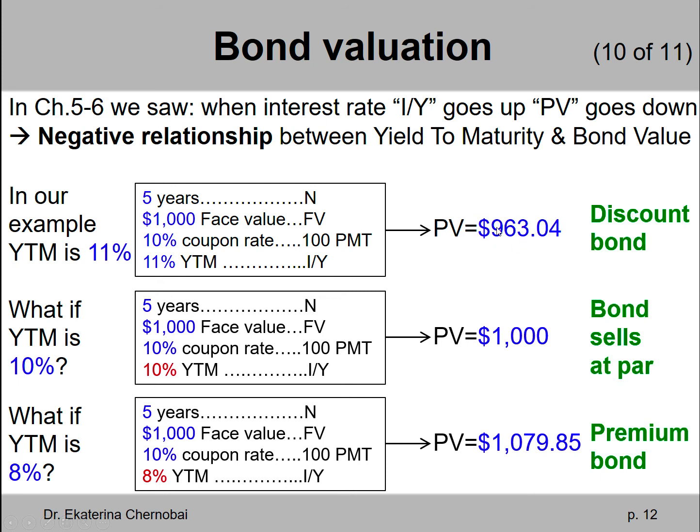So you're lending $963, but you're getting back $1,000 in face value, together with all the interest until then. If instead the bond present value is above $1,000, like in the last case with the 8% yield to maturity, $1,079.85, that kind of bond is called a premium bond.